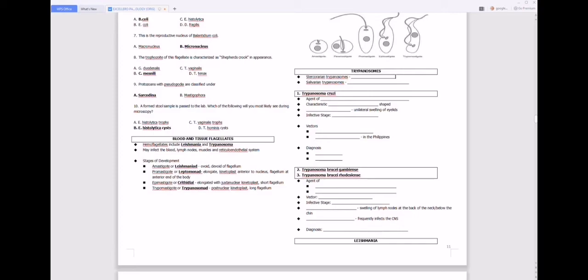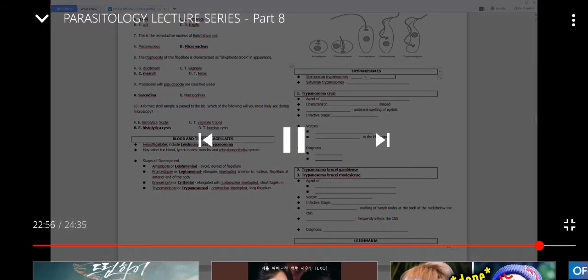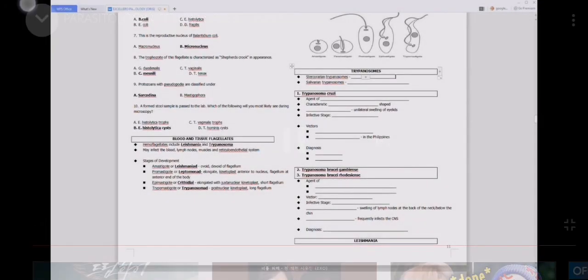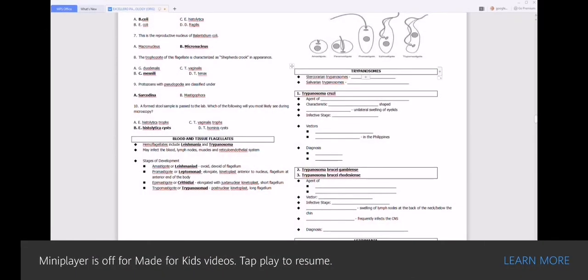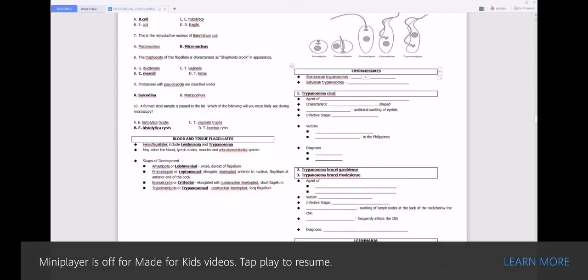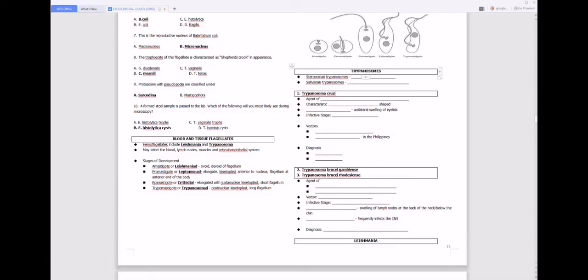But with salivarian trypanosomes, it is found in the saliva mismo of the vector. So stercorarian, it is due to the contamination of the stool of the vector.